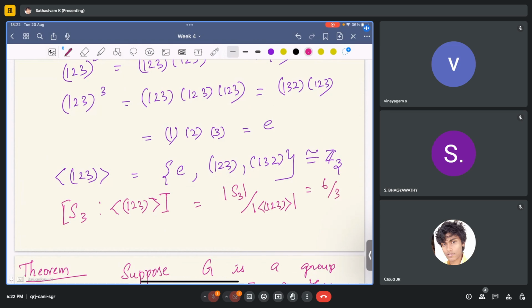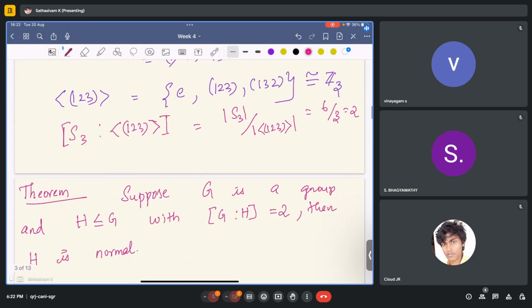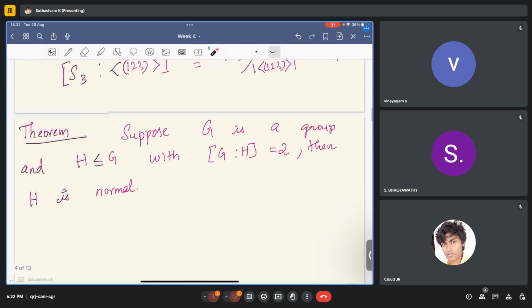But that is 6 by 3, which is 2. So the index is 2 here. So this hypothesis is satisfied. From that, we can directly conclude that this subgroup is a normal subgroup. Okay. So this is a very useful statement. It's a very trivial one, but it's very helpful also.